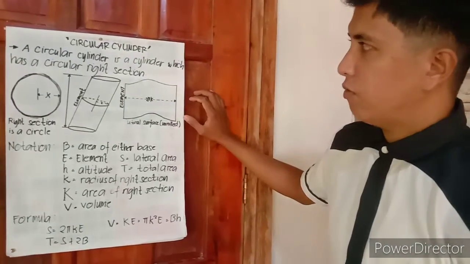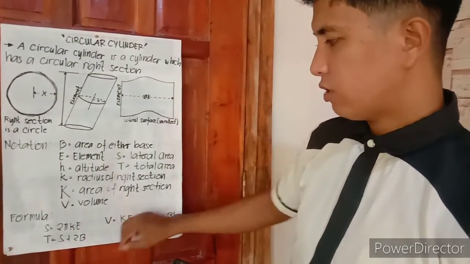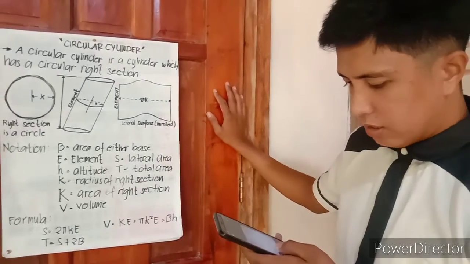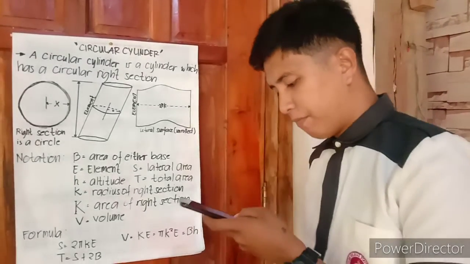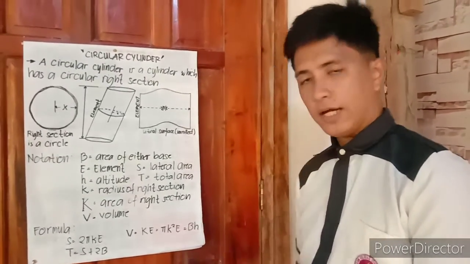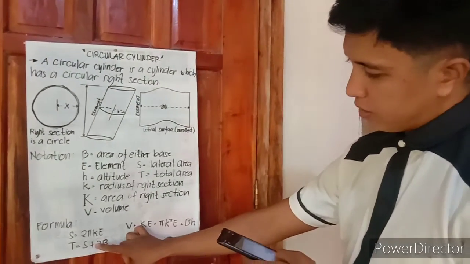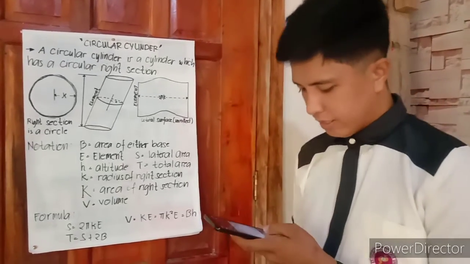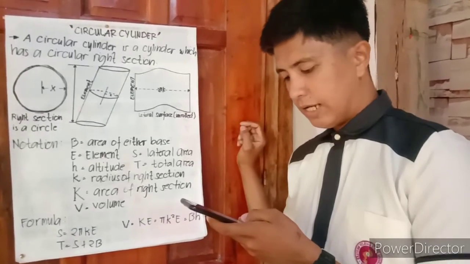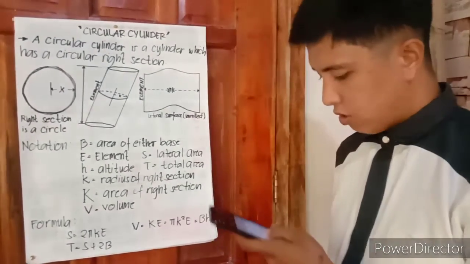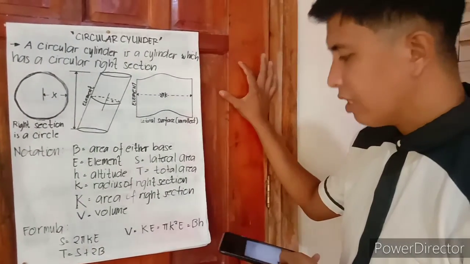So formulas of circular cylinder: S equals pi R E, the lateral area of a circular cylinder is equal to the product of the perimeter of a right section and element. The total is equal to S plus 2B. So this is the total area of a circular cylinder, equal to the sum of its lateral area and the area of its bases.